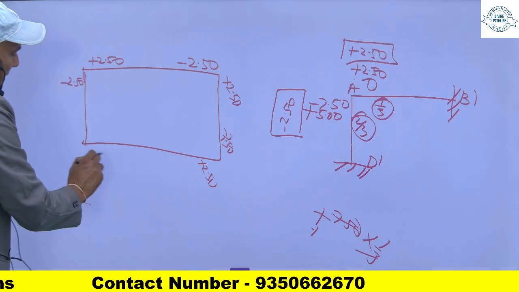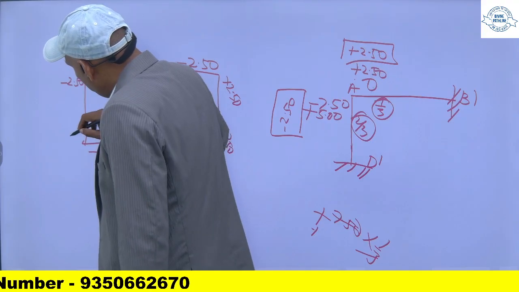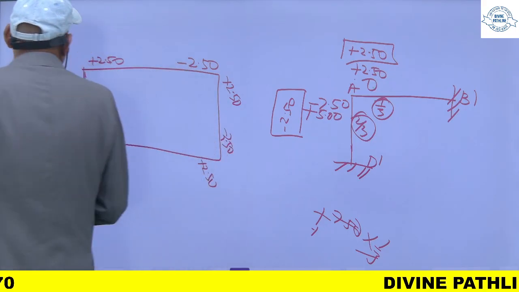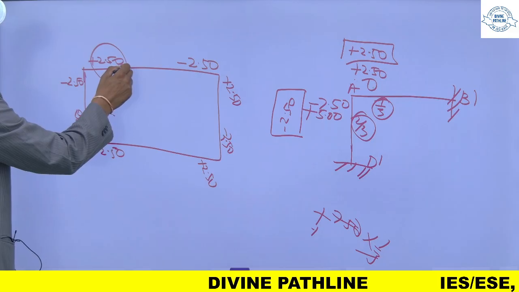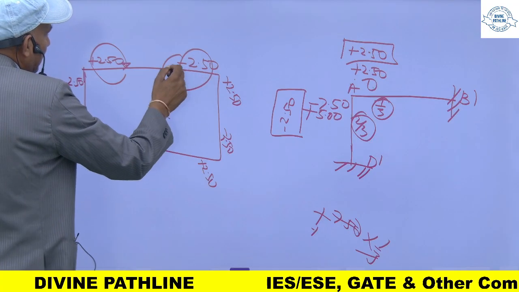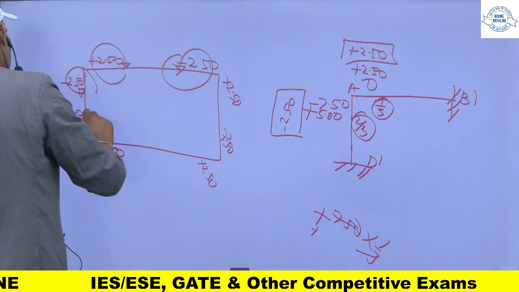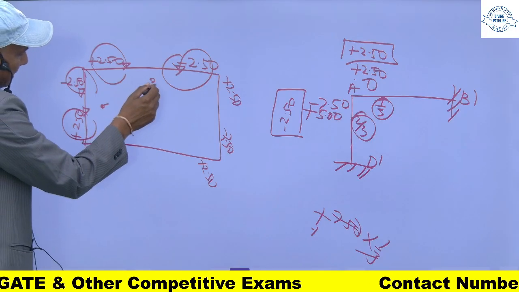If this is plus, this will be minus 2.5, and this will be plus, so that the sum at this joint will be 0. Now this one is anti-clockwise, same anti-clockwise, clockwise. So you have to see by standing here.